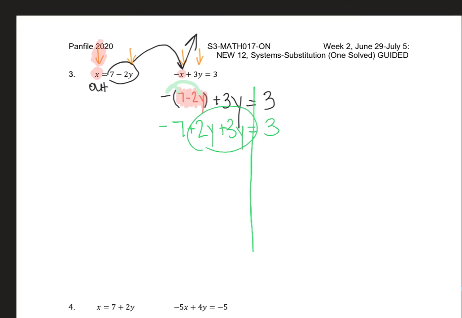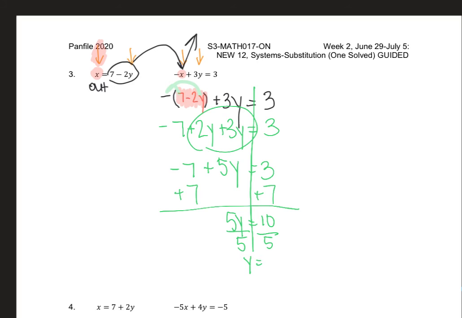Combine my like terms, I get negative 7 plus 5y equals 3. And I go ahead and I keep solving. I get my y to be 2, and then I go ahead and I keep plugging in.